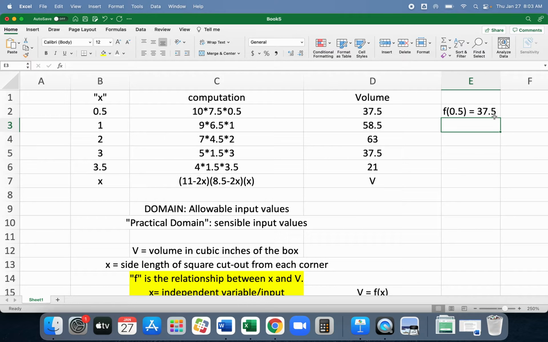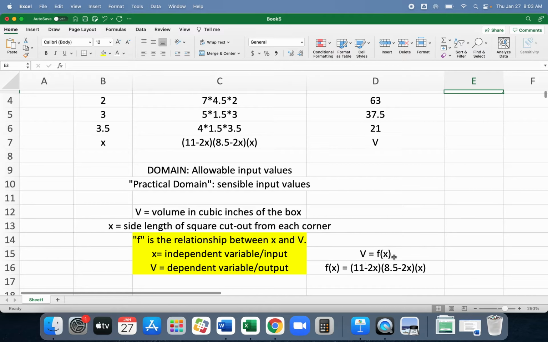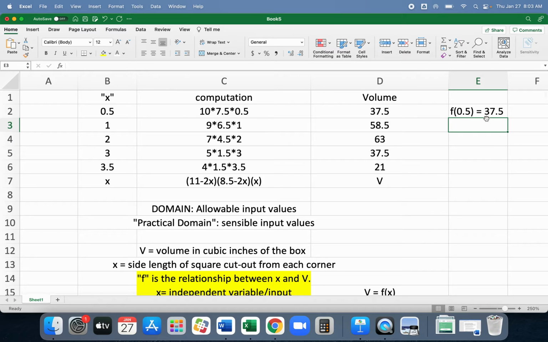So this is v equals f of x. This is the v value over here. It's just in the other order. I could say 37.5 equals f of 0.5. Do that with the next one. 58.5 equals f of 1.